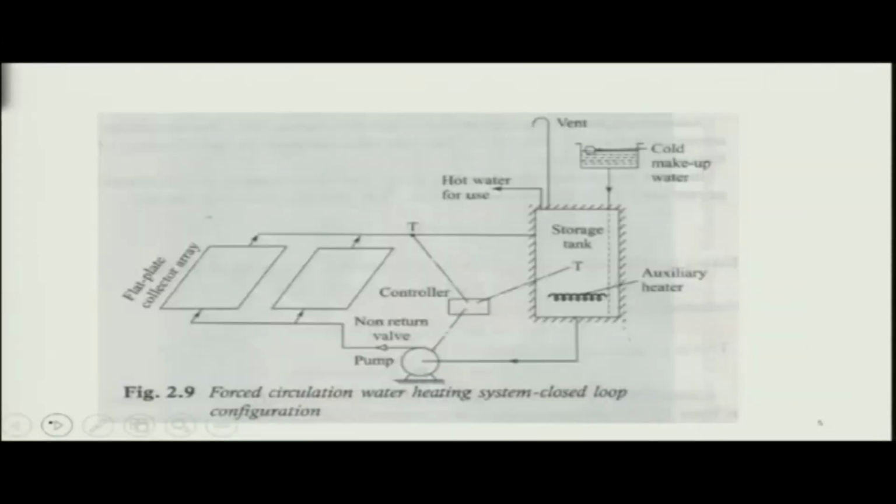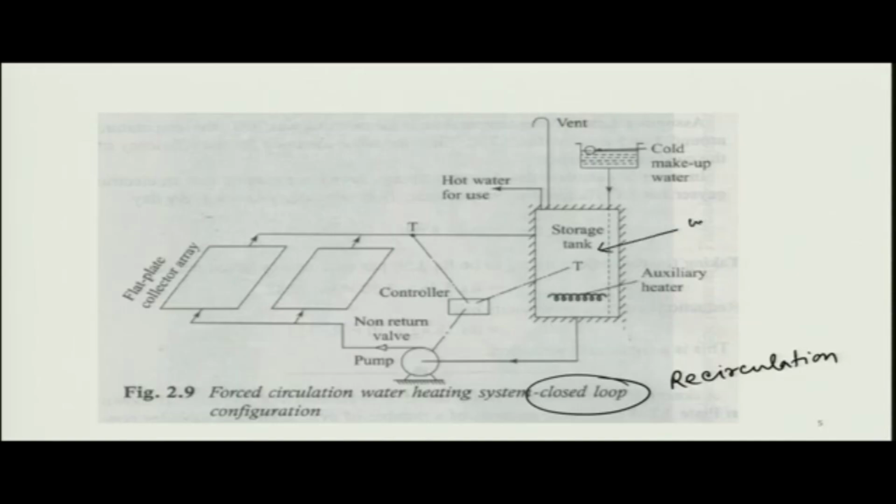But you can have the recirculation option if you have a closed loop. So, you have a recirculation option when you have a closed loop. What you are doing? You are again using a storage tank. Okay.